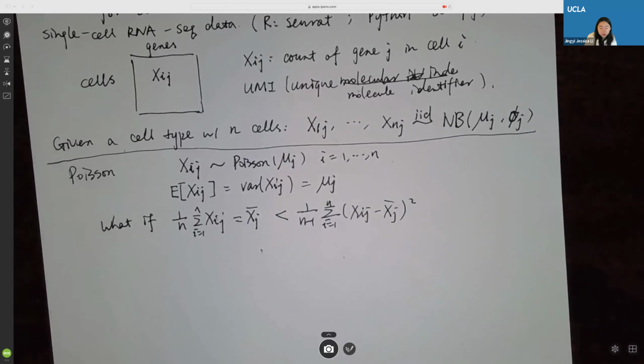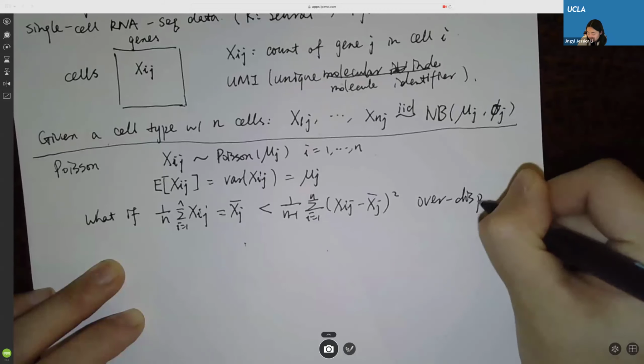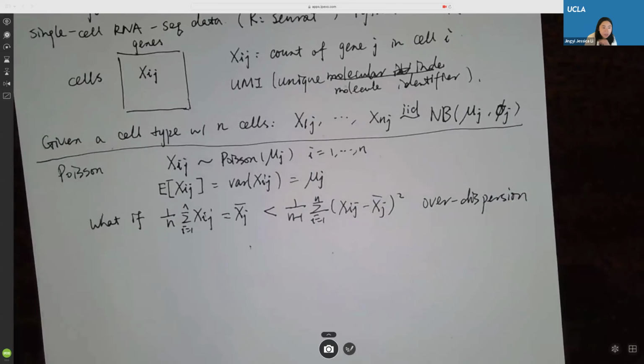So negative binomial was proposed to address the so-called over-dispersion issue of Poisson. Over-dispersion means that the variance is bigger, the data spread is bigger than what we expect.